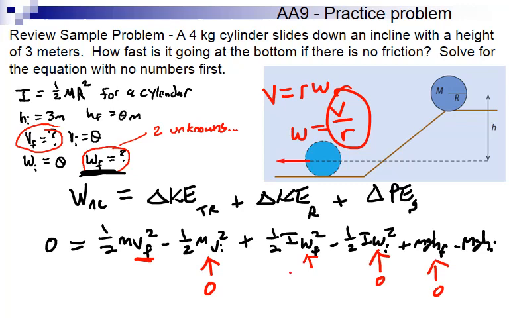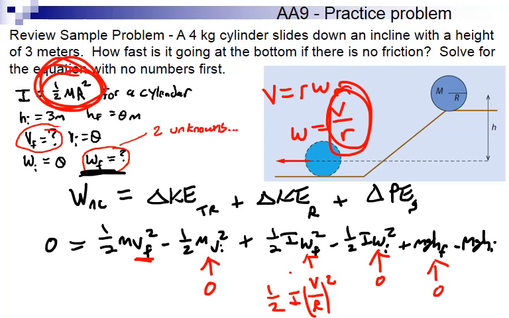So this now becomes I, which is 1/2 mr squared, and then we have v over r, squared, times I times 1/2. When you put this in here, the radiuses will cancel out, and so it's independent of how big the radius is. So go ahead and finish this one and calculate the speed at the bottom. And when you're ready to check, you can hit play to continue.